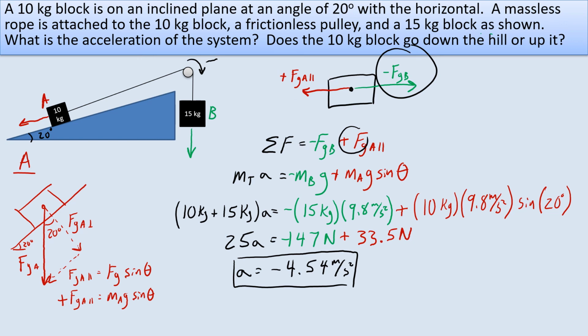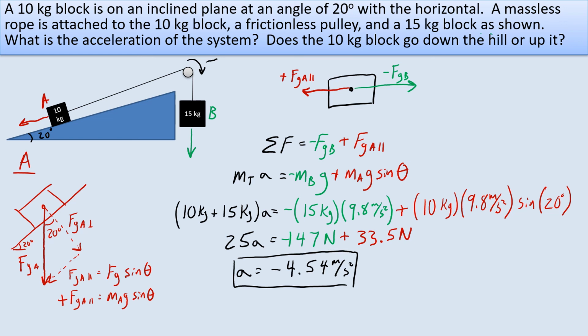And then you plug in what you know. We know the net force is the total mass of both of these blocks together times the acceleration because of Newton's second law. The weight of block B is just mg, which turns out to be 147 newtons in that direction.